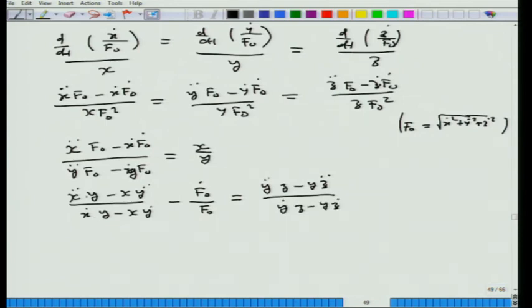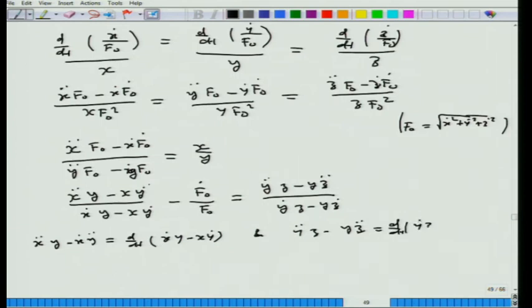Now, the numerator is the derivative of this, since x double dot y minus x dot y double dot is d by dt of x dot y minus x y dot, and y double dot z minus y z double dot is d by dt of y dot z minus y z dot.